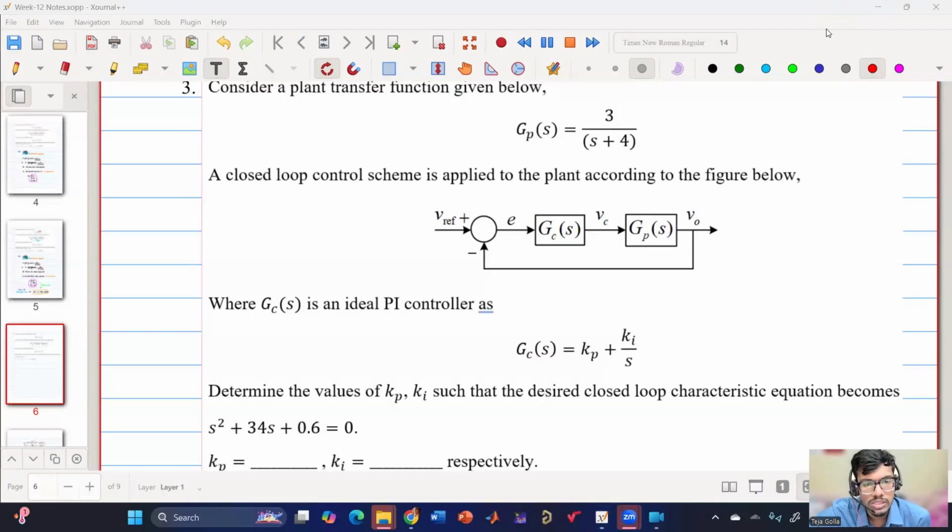Arun is saying K is not 0.6, it is 0.2. So Riddhi, you also cross check. In the meantime, I'm waiting for others to solve, and once you solve, I will also start solving.